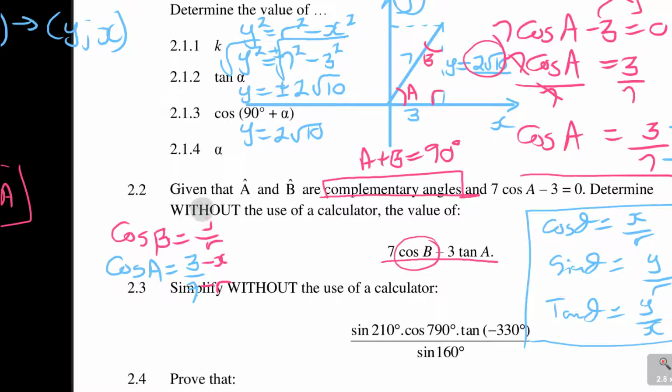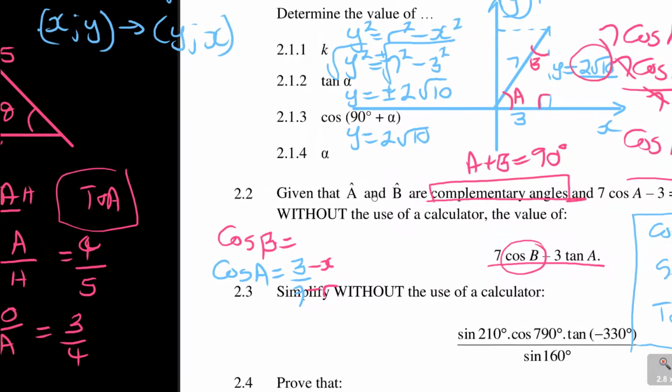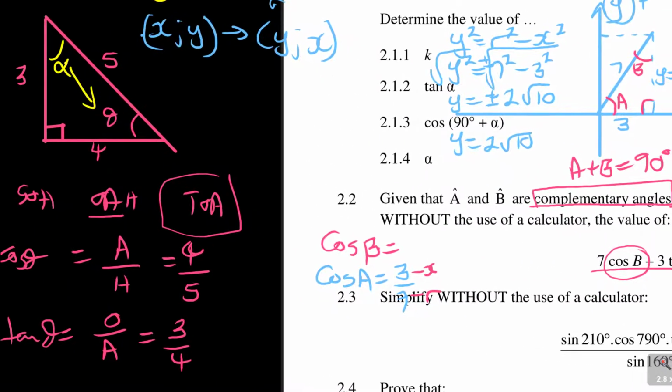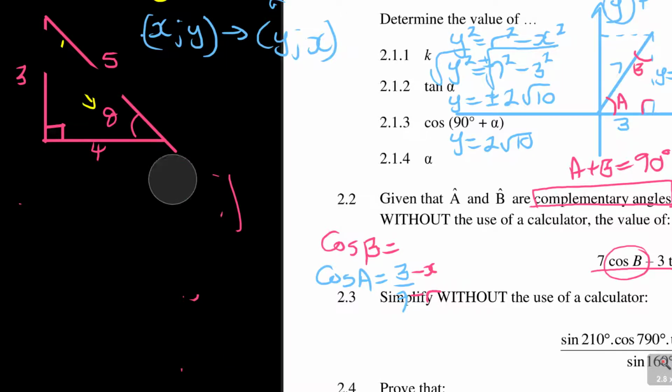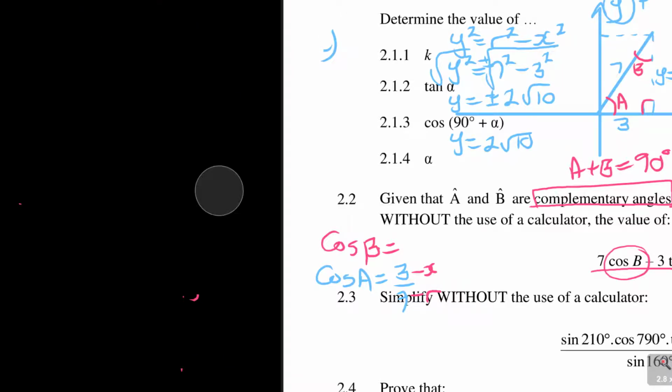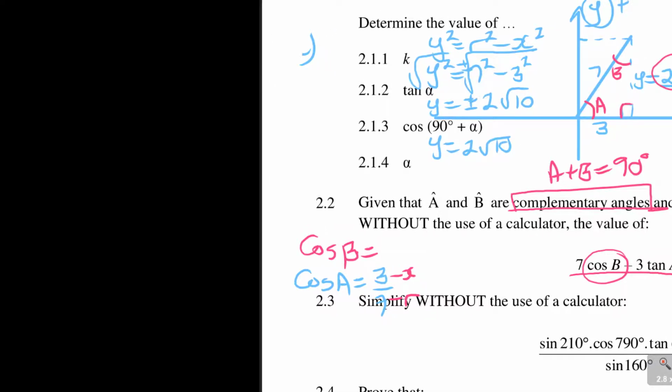Or you can use your normal trig here to say, I've got a triangle like this. I'm going to draw the triangle also here. You have a triangle that is like this, that is like this, and that is like this.